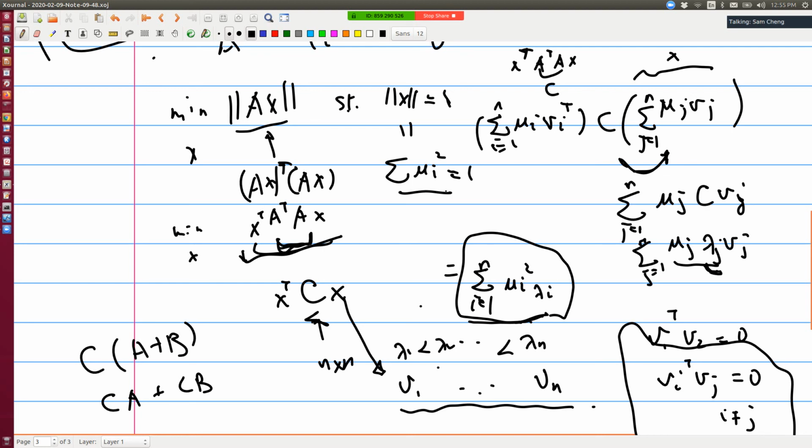Okay, mu is a vector, right? Mu 1, mu 2, mu 3, mu 4. Let's say n is equal to 5. So I have mu 1, mu 2, mu 3, mu 4, mu 5, right? So what should I pick? Only one of them to be 1. Which one? Either the beginning or the end.